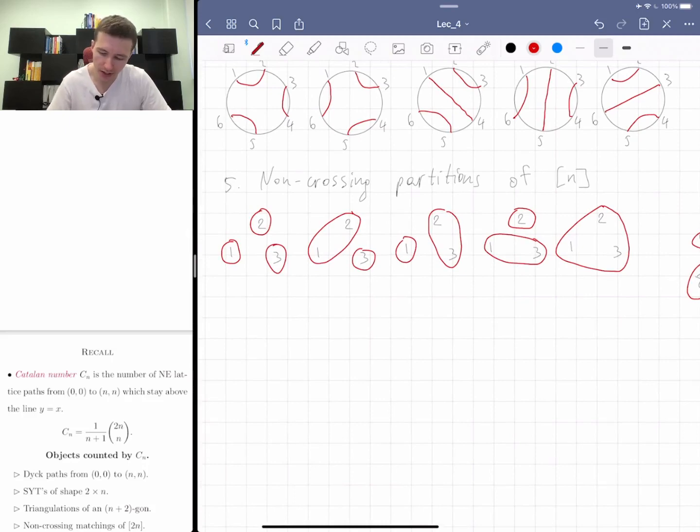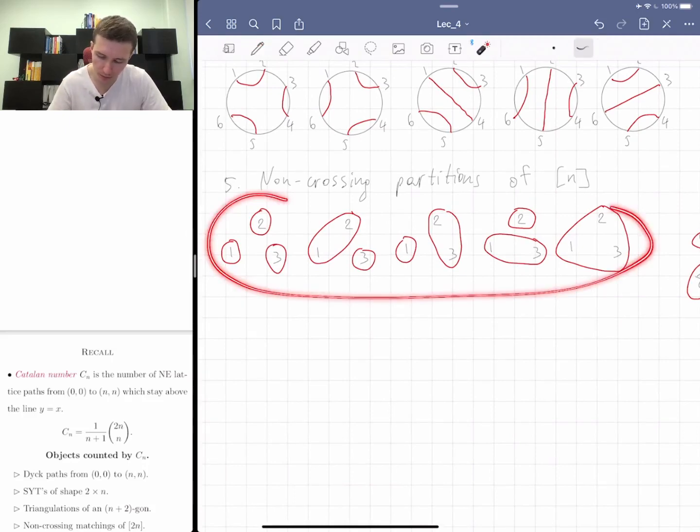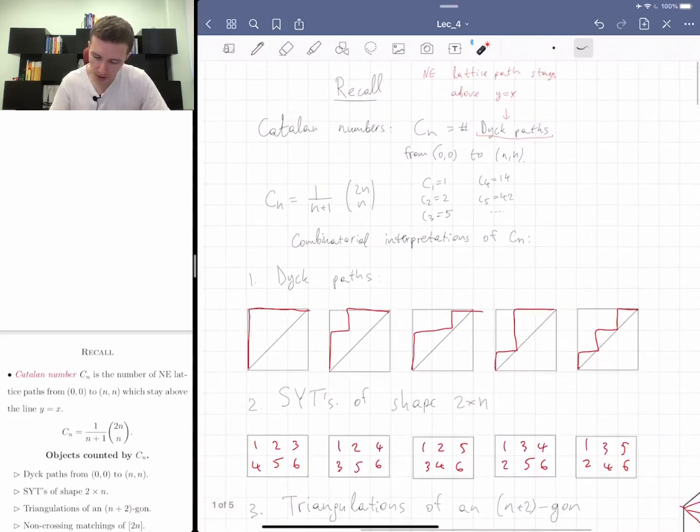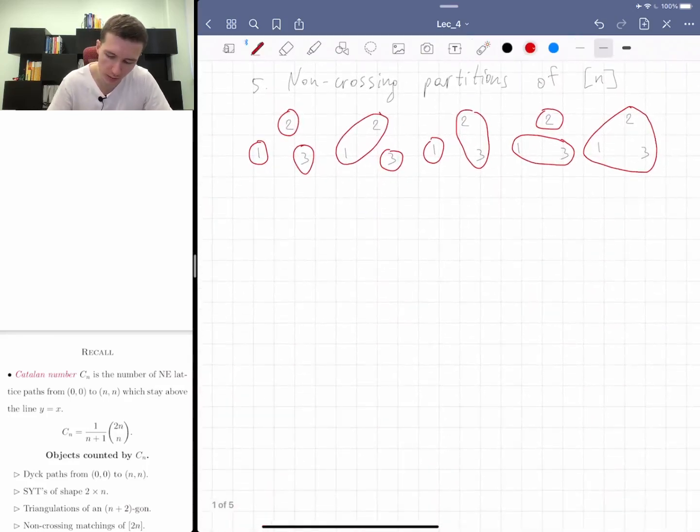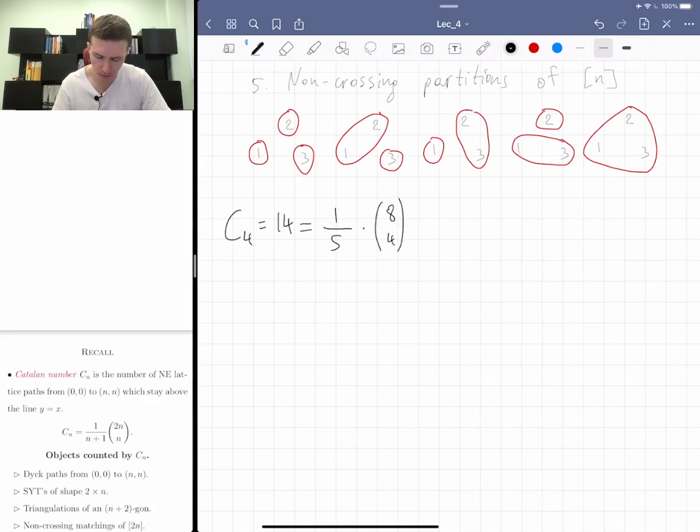And maybe this is actually a good example for me to compute, remember C3 is equal to 5 and the next one is 14. So maybe I can try to count the 14 objects. C4 is equal to 14, which is 1 over 4 plus 1 times 8 choose 4.